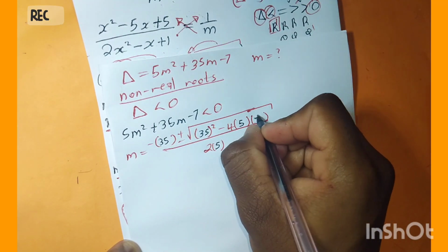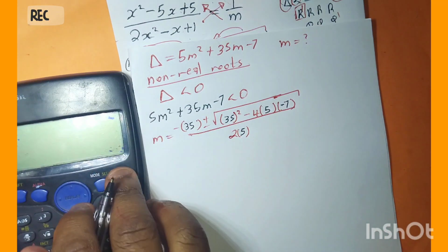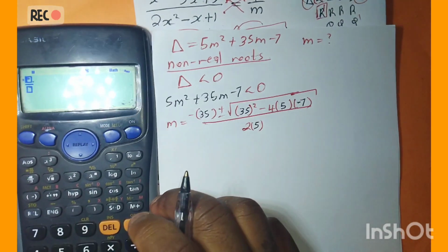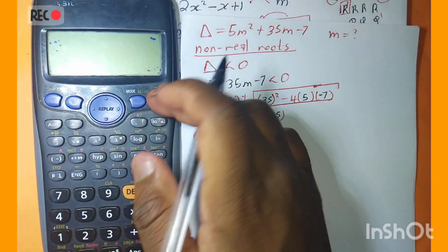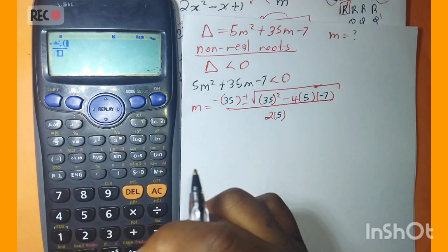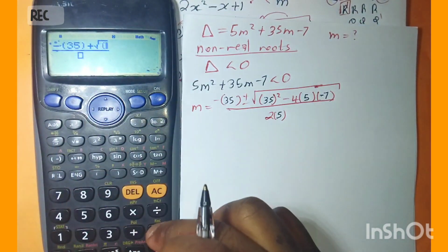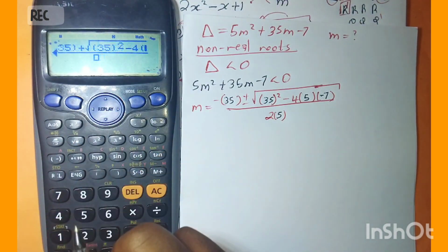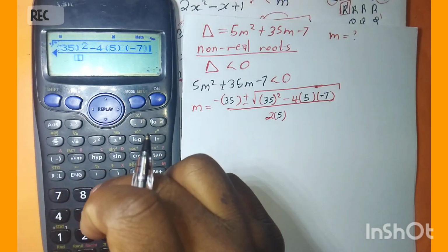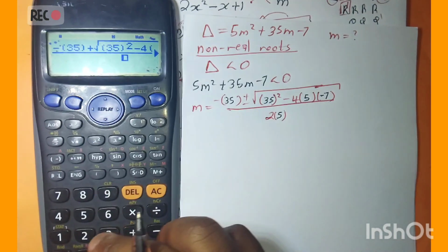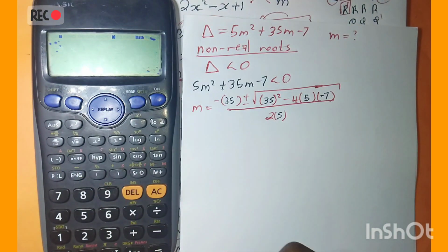And my C is that one. So let's just press this on our calculator. I hope everyone knows how to press a calculator. Start with a fraction. Say this, 35 plus 35 squared minus that, 5m minus this thing. And here it's 2 and 5.